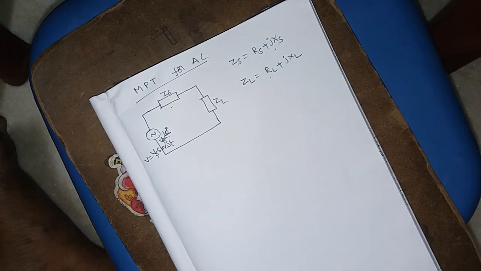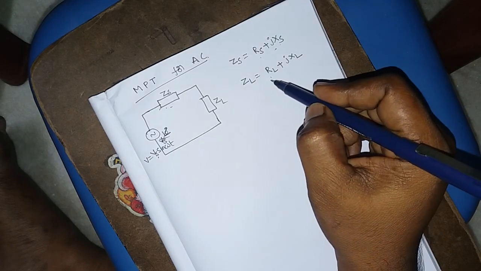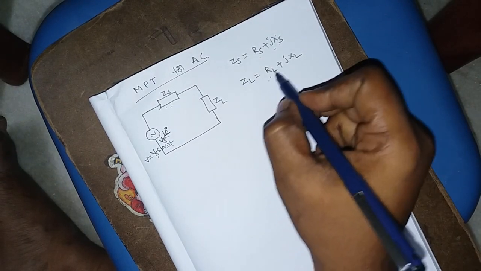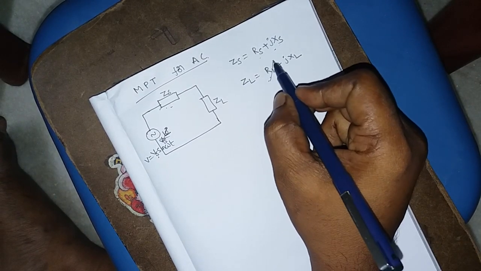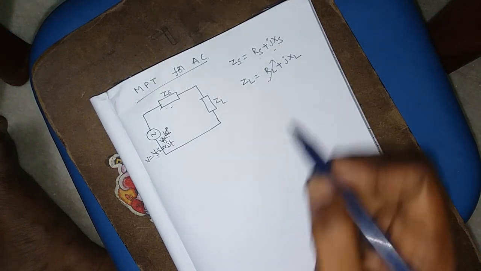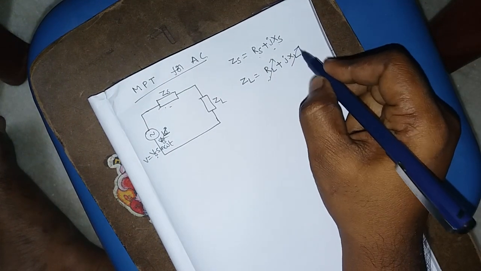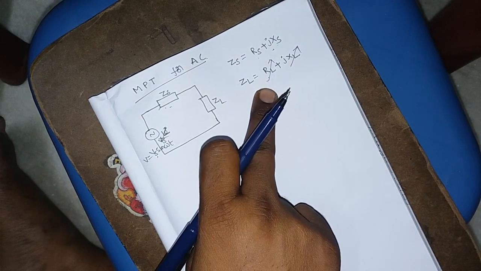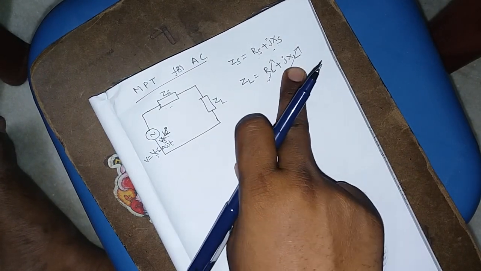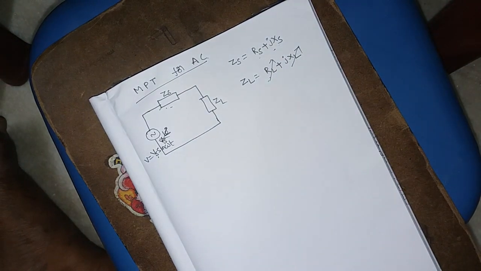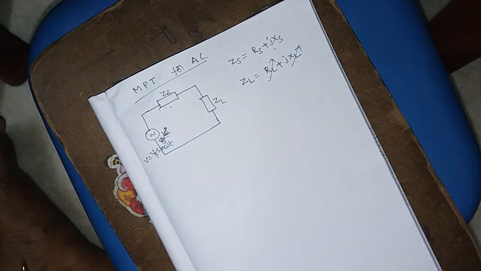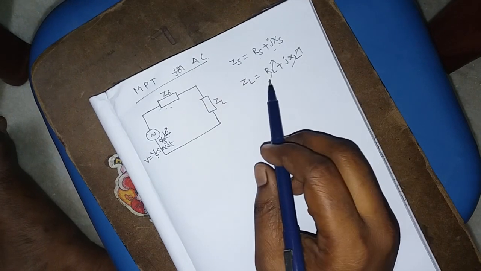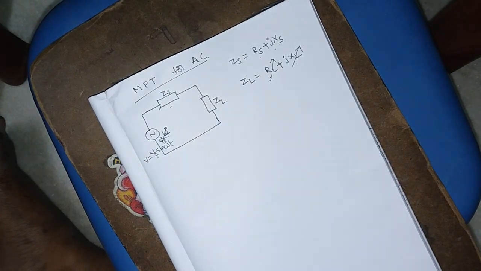And here we have the option: we can vary the load resistance, or we can vary the load reactance, or we can change both at a time. Simultaneously we can change RL and XL.